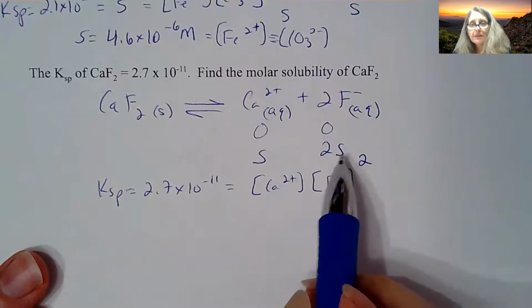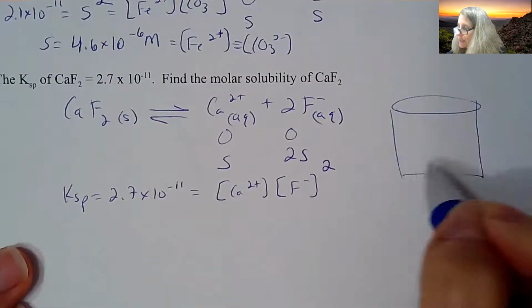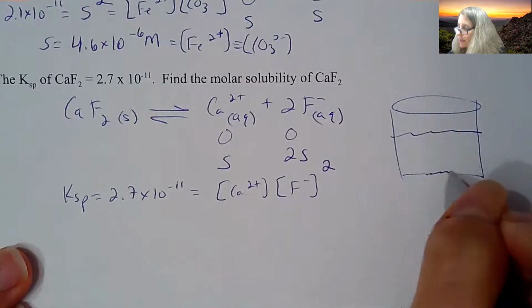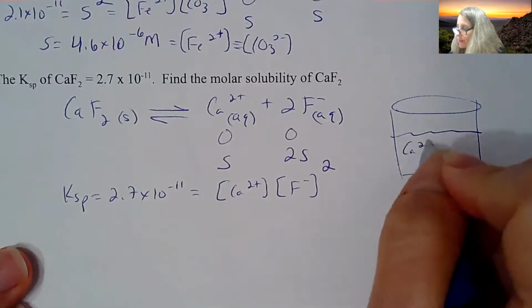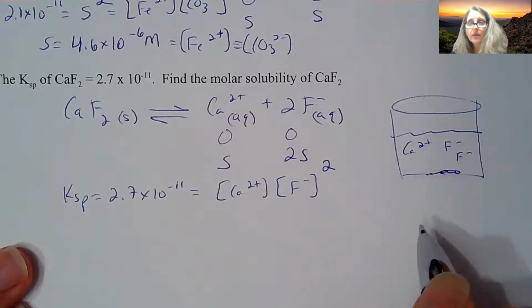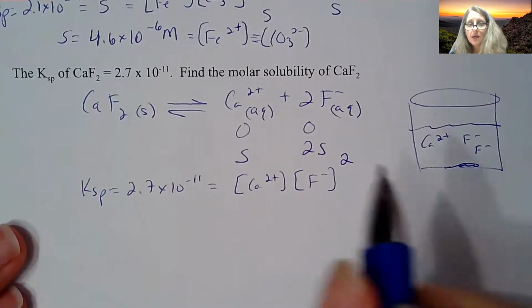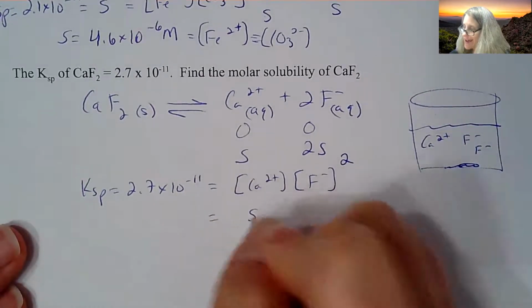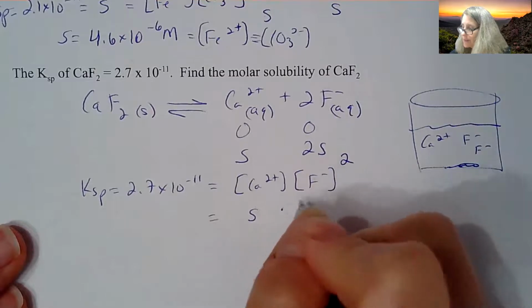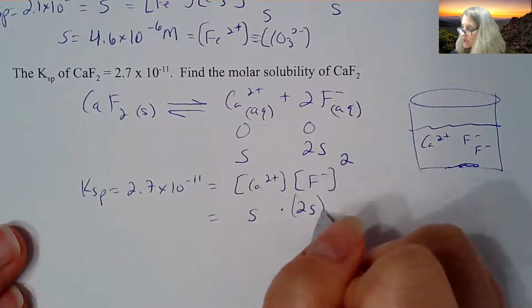But realize that when I'm in that beaker, okay, if I was taking a look at that beaker, and I'm looking at that precipitate down there, I would have calcium ions, but I'd have twice the amount of fluoride ions in there by concentration. We've talked about this a couple different times. So this is going to be S for calcium, but this is going to be 2S. But this is going to be squared.